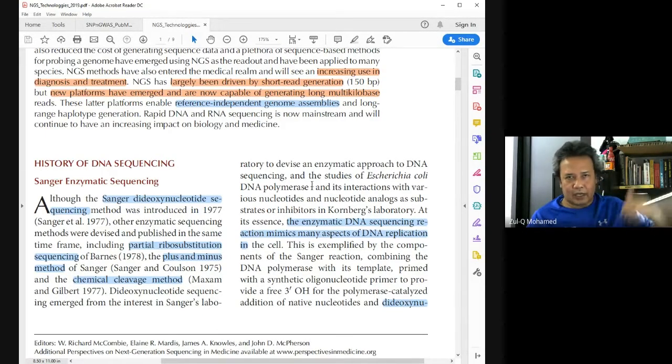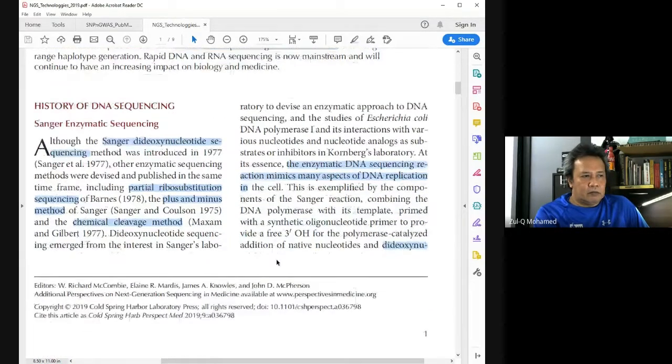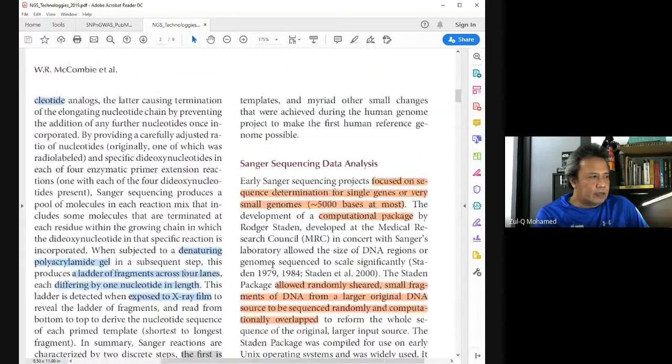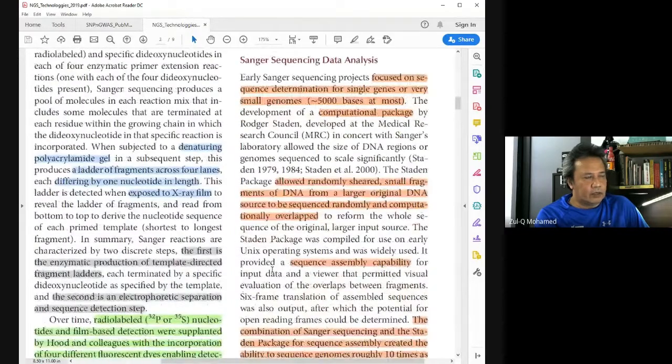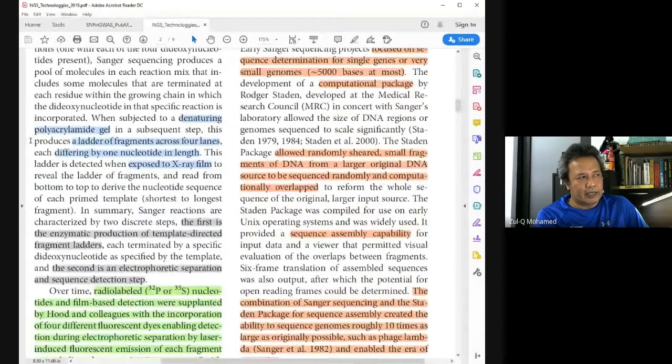Automated sequencing starts off with a gel system, and now it is running on a capillary system, right? If you don't know what I'm talking about, please find out. These are meant as a review. So the gel, denaturing polyacrylamide gel, and so on.